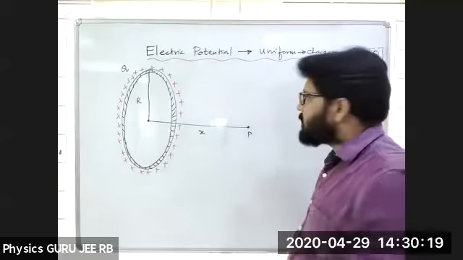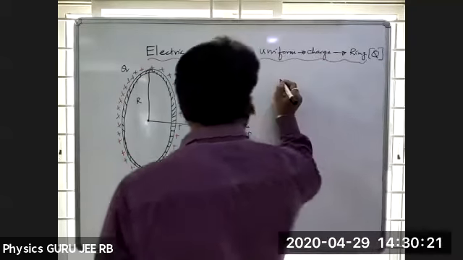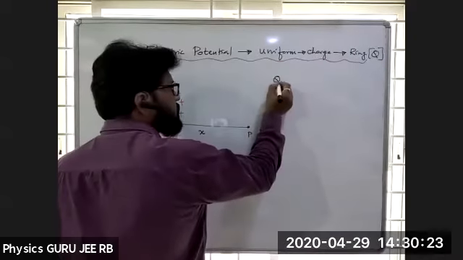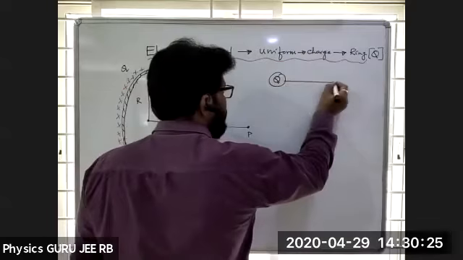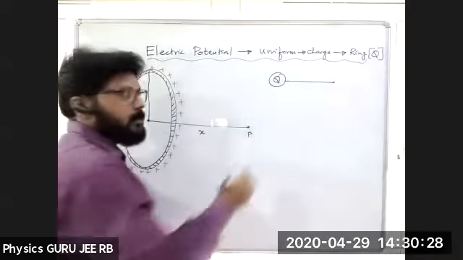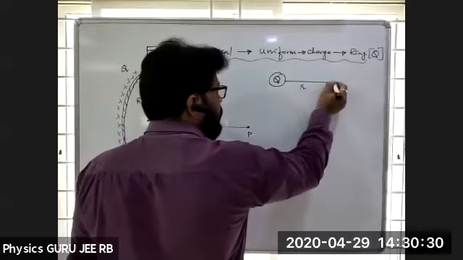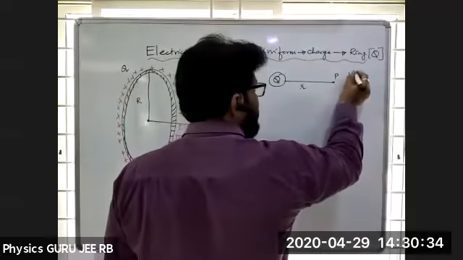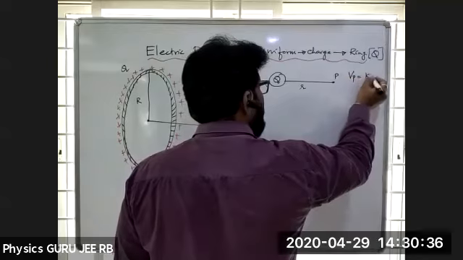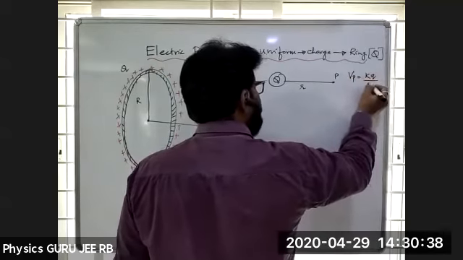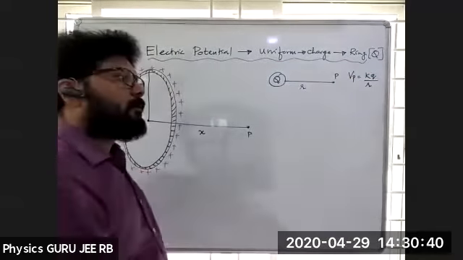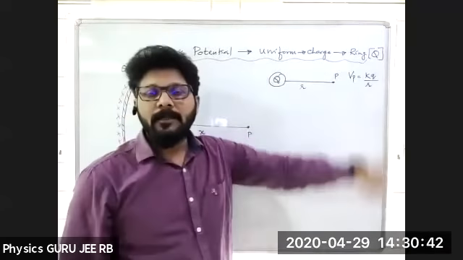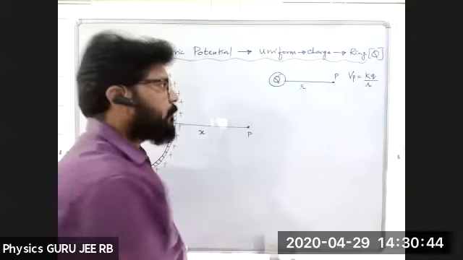And one more thing: if I take one positive charge at a distance of r, this is nothing but a point charge. If I want potential at this particular point P, then I can write potential at point P equals KQ divided by R. That is due to a point charge.